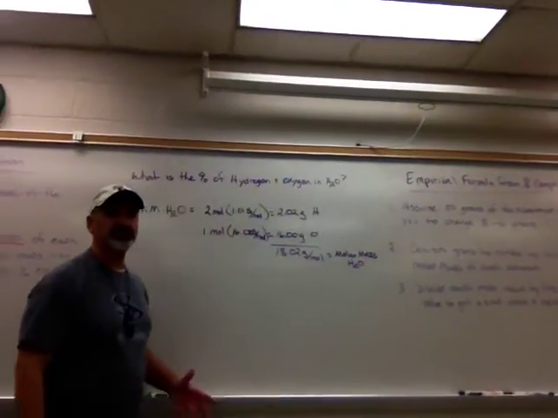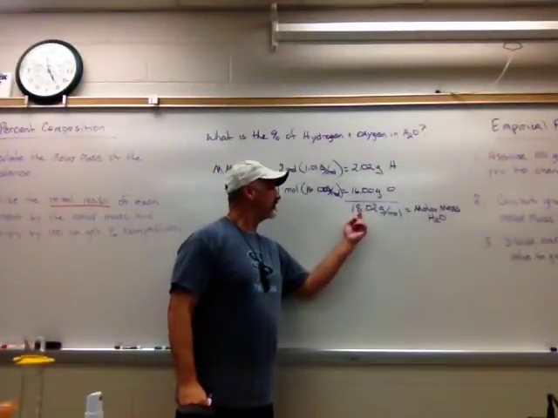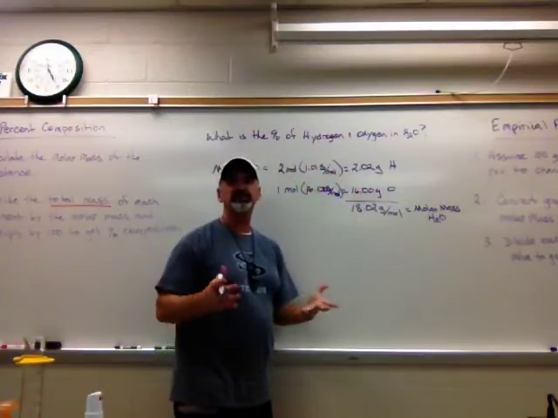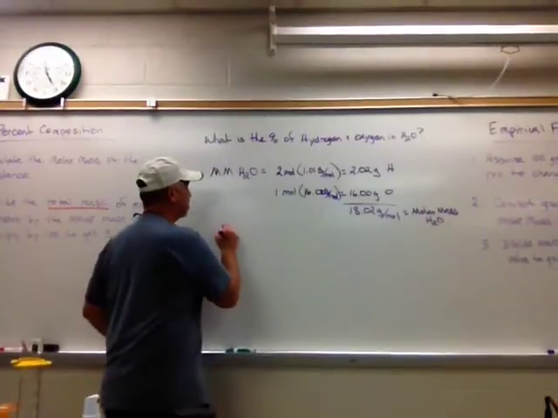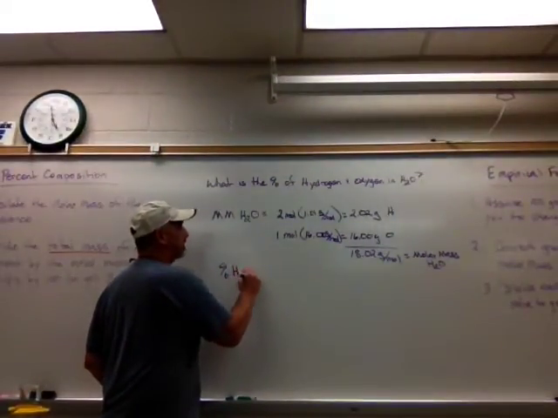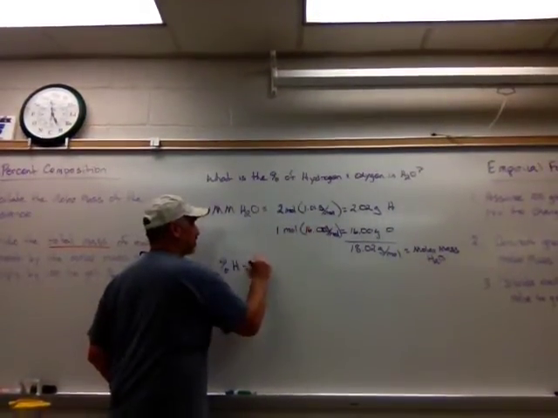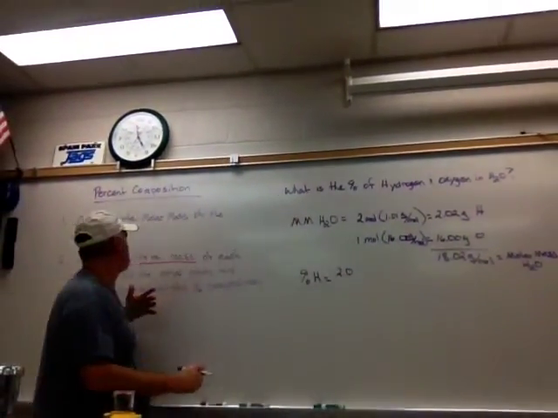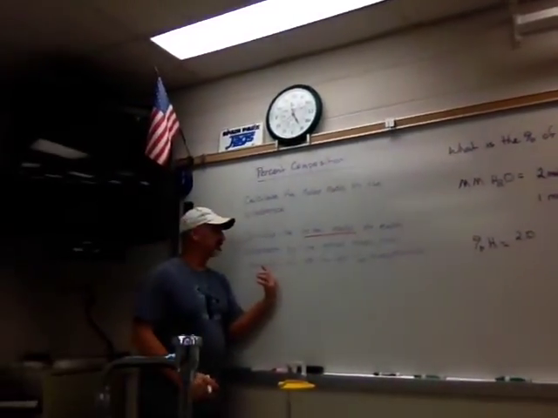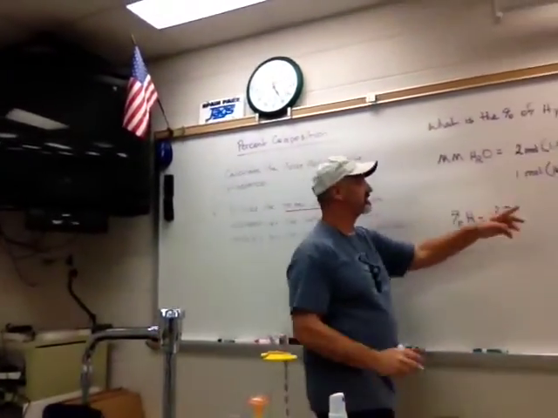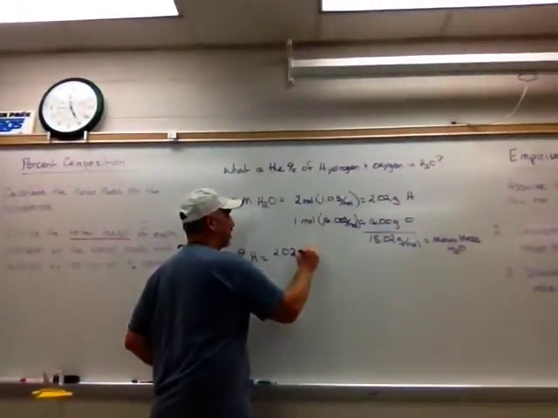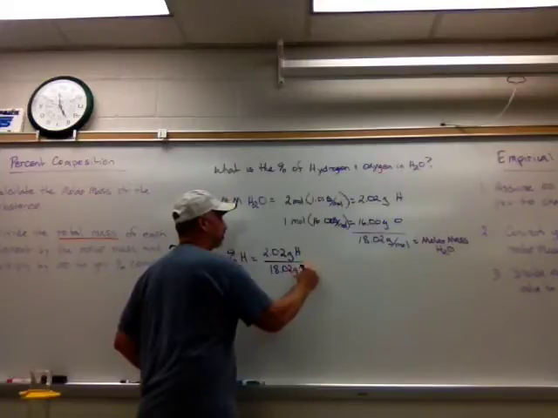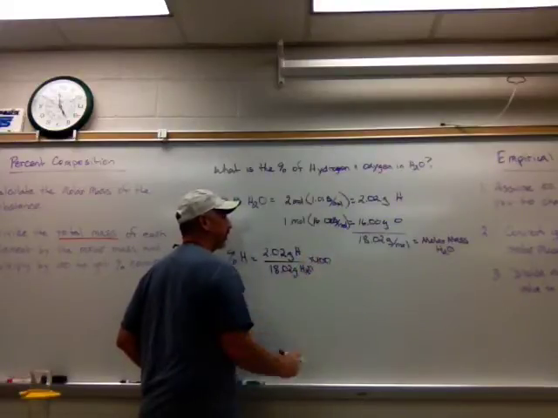So what the percent composition is saying is, of this 18.02, what's the percent that's hydrogen? What's the percent that's oxygen? Well, again, it's the part over the whole. So the percentage that's hydrogen is going to equal the total mass of each element divided by the molar mass, and then multiplied by 100. So the total mass is the 2.02 grams of hydrogen divided by 18.02 grams of water times 100.